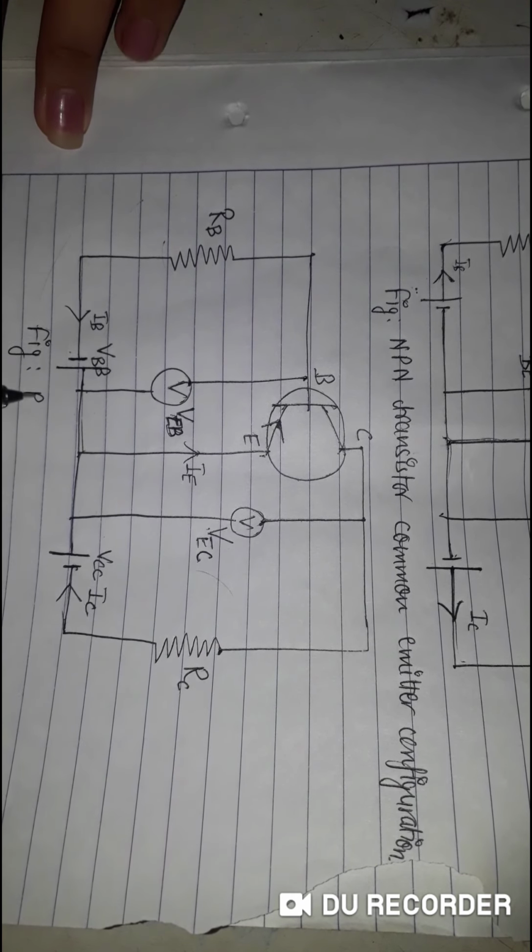Same goes with this. First of all, the positive terminal is connected to E, the emitter, and the negative terminal is connected to C, the collector. And there you go. And this is the figure of a PNP transistor, and it is the common emitter configuration, of course.